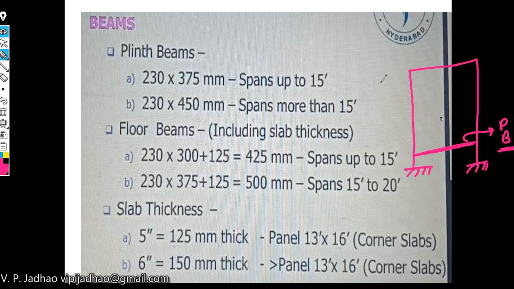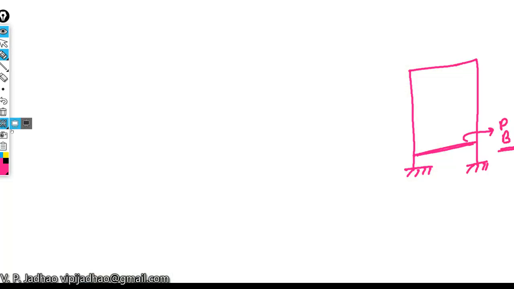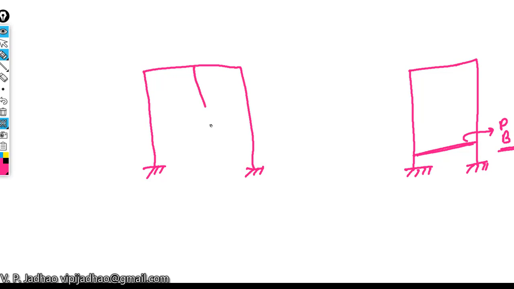Why are these provided? Let us consider we are having some building like this.